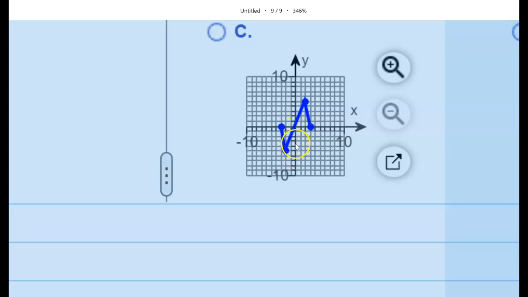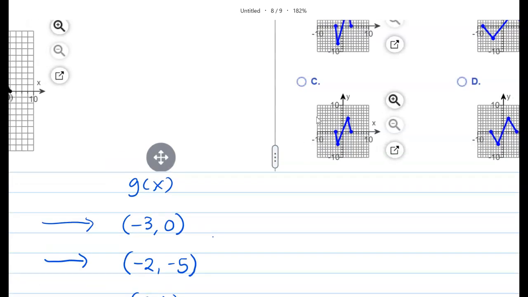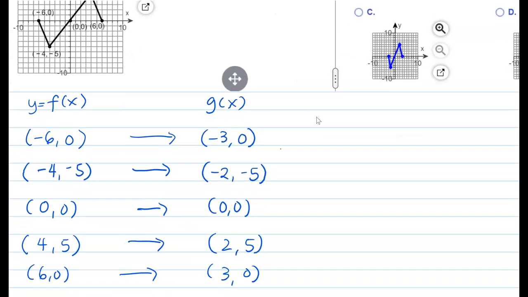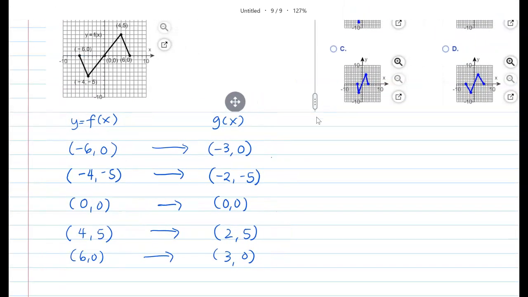And then 2, and also 3, 0, and 0, 0. And that is also 2, 5: 1, 2, 3, 4, 5. So it is this graph here. The answer is letter C. That is the graph that contains the points here.